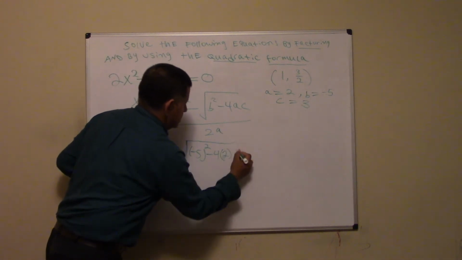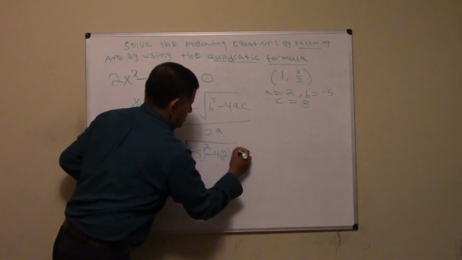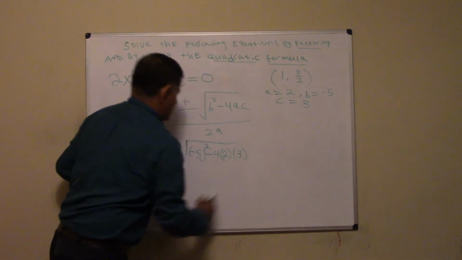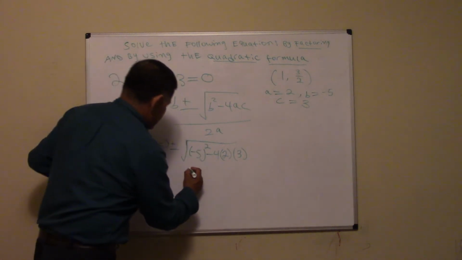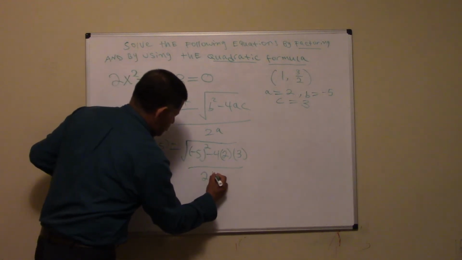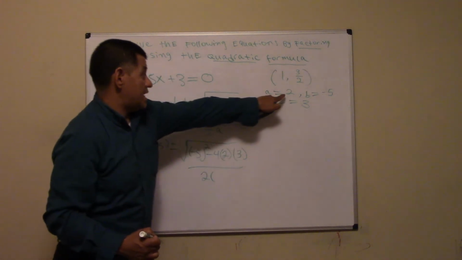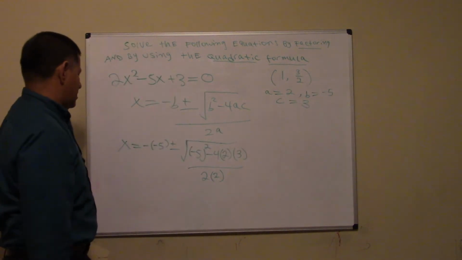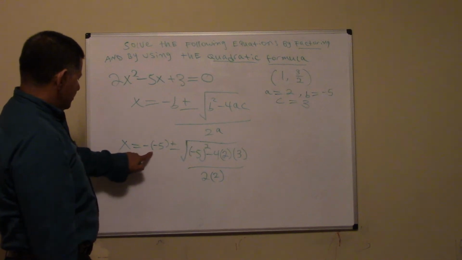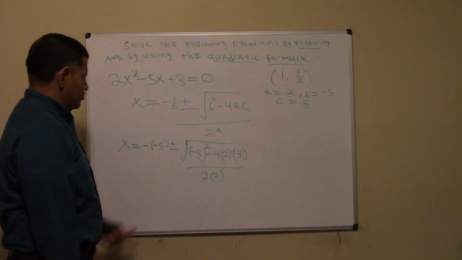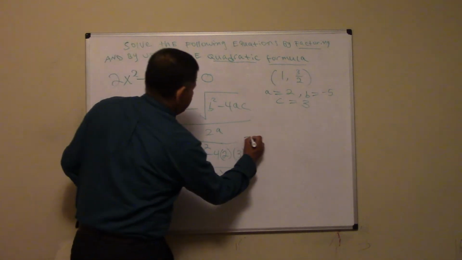On the bottom, we get 2a, which means 2 times a, which is 2. Now when I simplify this, the negative b is equal to plus 5, right?